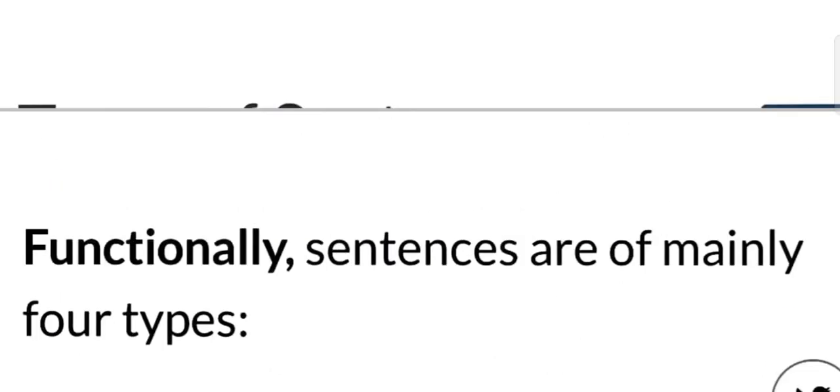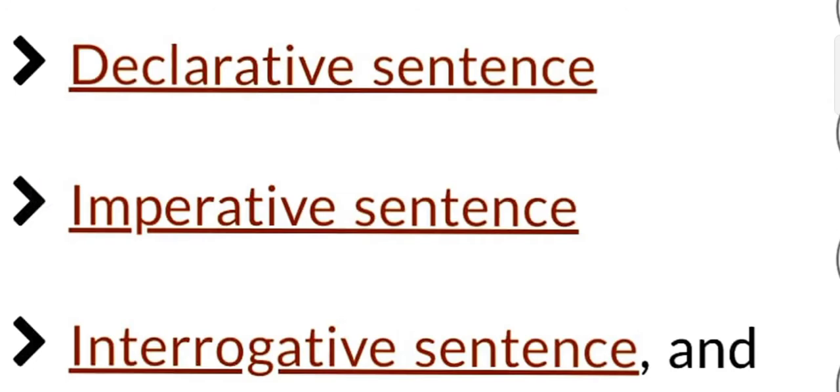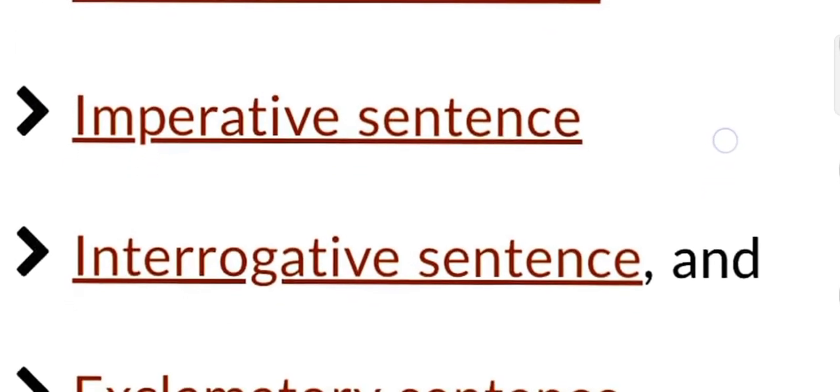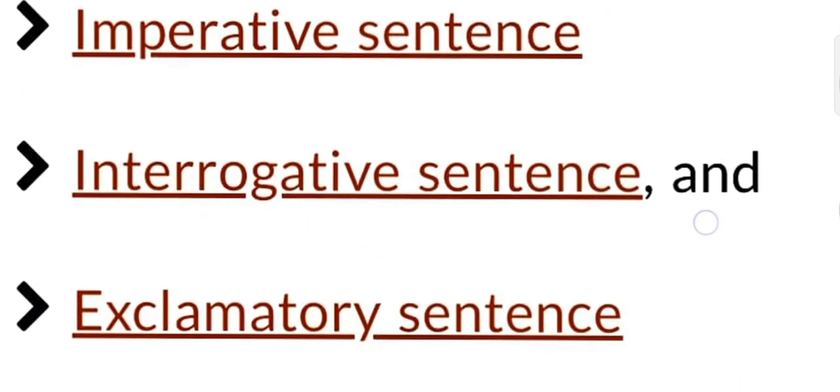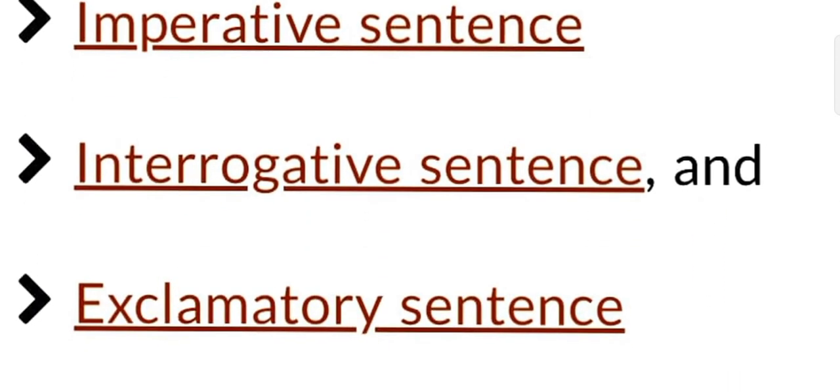Functionally, sentences are of mainly four types. These types are declarative sentence, imperative sentence, interrogative sentence, and exclamatory sentence.